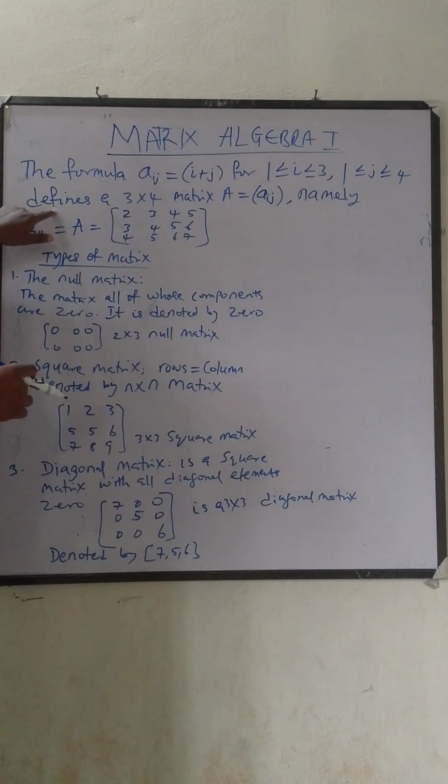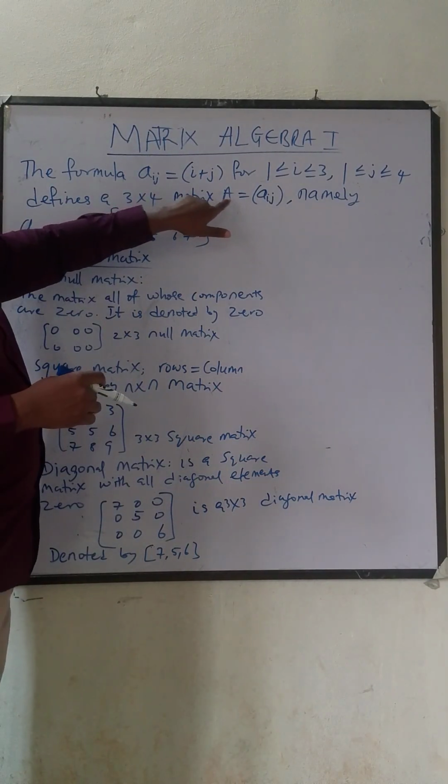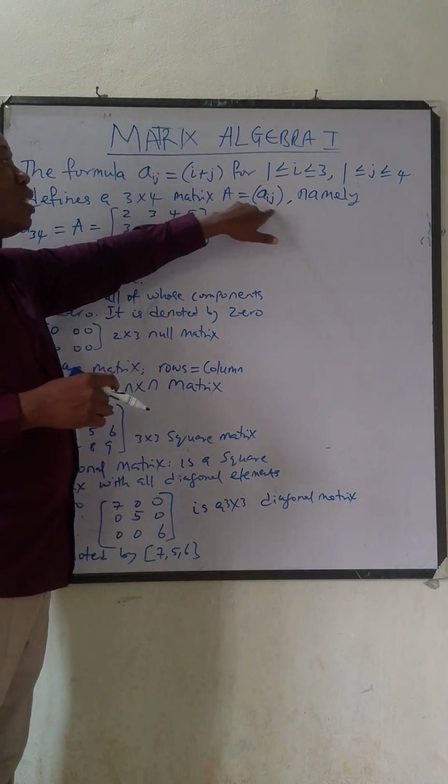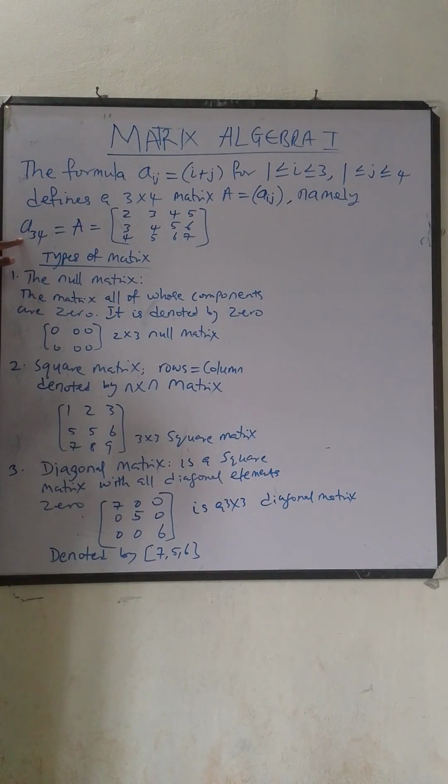So that defines a 3 by 4 matrix. In other words, we are saying A, capital A, equals Aij, namely. So what you have now is a 3 by 4 matrix.